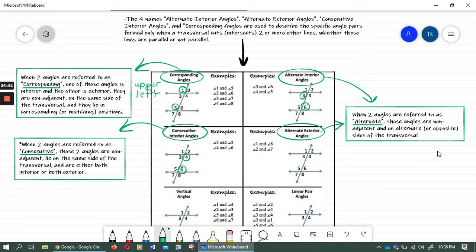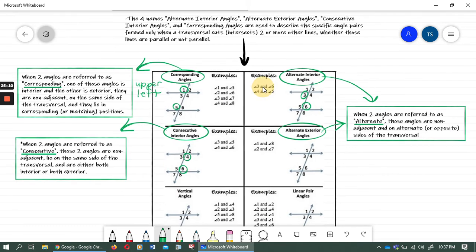So they're not adjacent. They're on opposite sides of the transversal. They're on alternate sides of the transversal. So again, examples of alternate interior angles, as you see written here, would be angle 3 and angle 6, and another example would be angle 4 and angle 5.